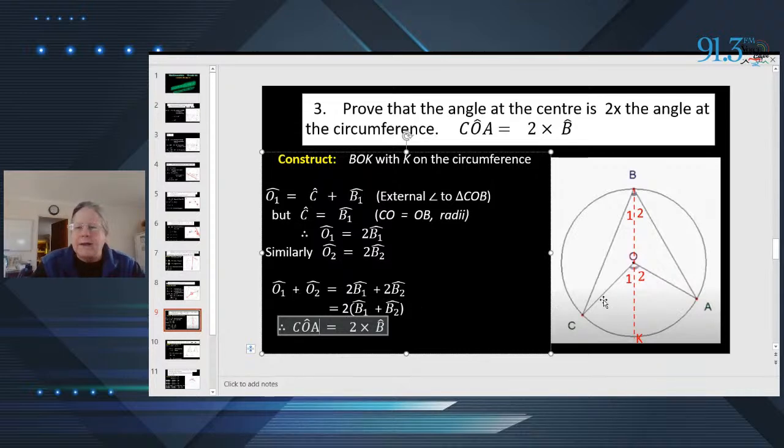And then O1 plus O2 is actually angle COA. COA equals twice angle B, because B1 plus B2 gives angle B. So please, they haven't asked this one for a long time, so maybe make sure that you really know how to do this one.